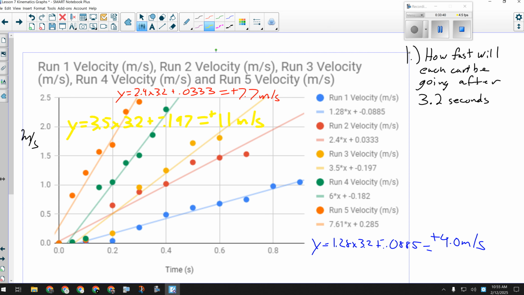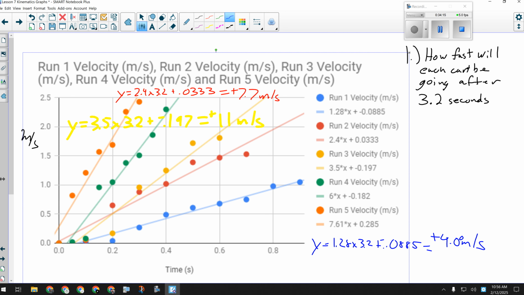Am I doing my significant digits okay here? All of my answers have had 2 significant digits, except for the first one. That had 3. It should have been 4.00. All the rest, 2.4, 3.5, have 2. This one should have how many? 1, and done.